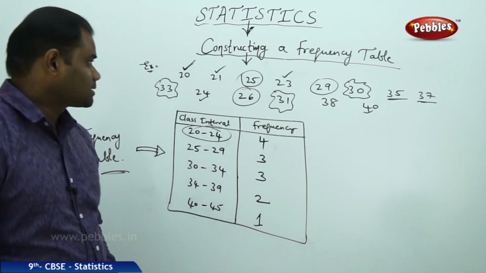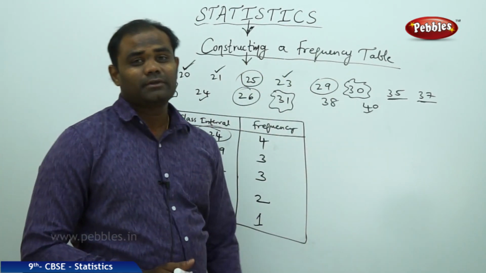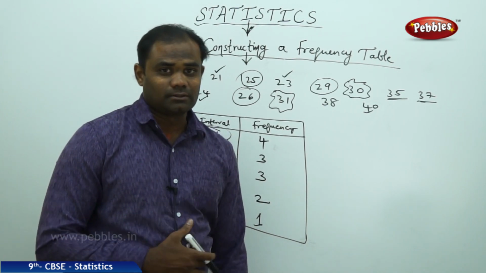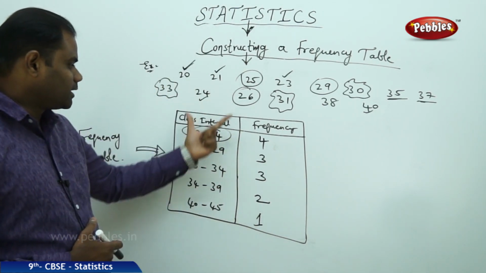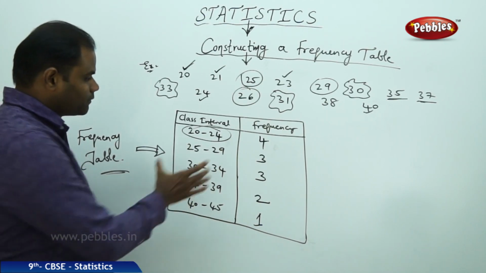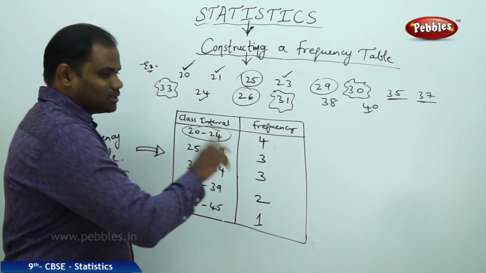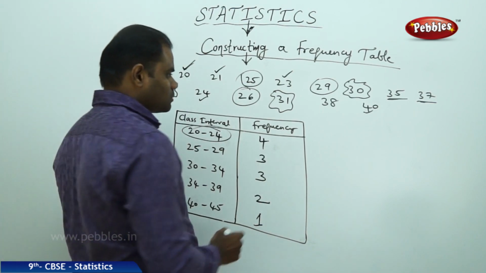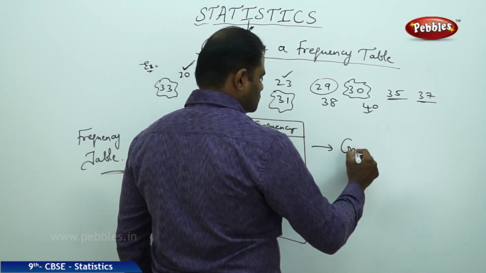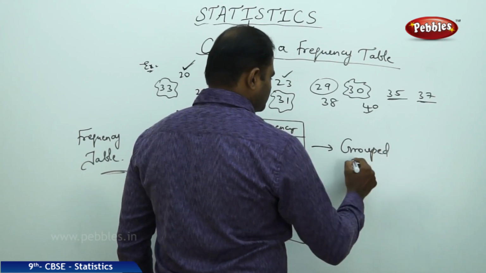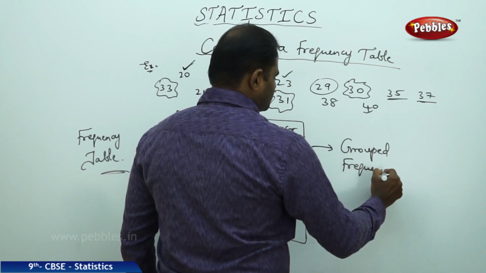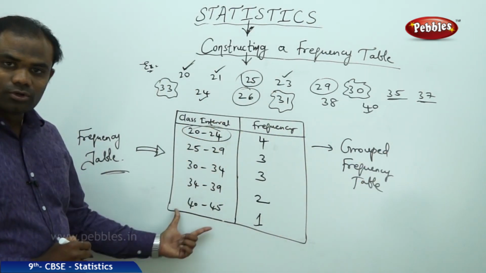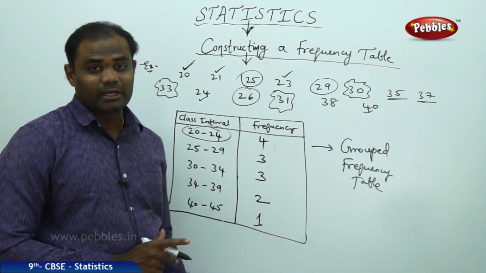Now that we have discussed how to construct a frequency table, there are two types of frequency tables which can be constructed. This example problem which I have taken has been divided into different groups, and hence we got a grouped frequency table. So this is called a grouped frequency table because each of the marks are grouped and hence their frequencies are calculated.